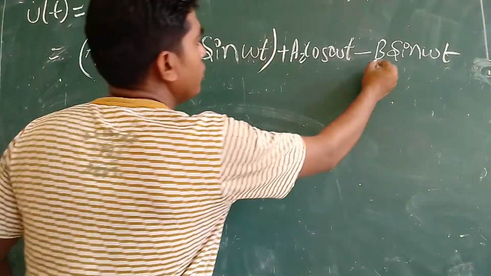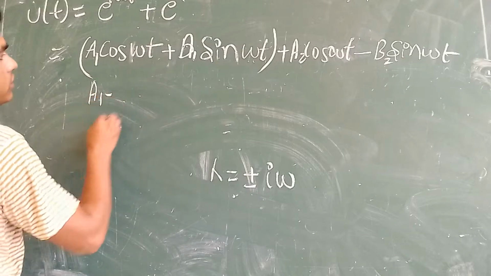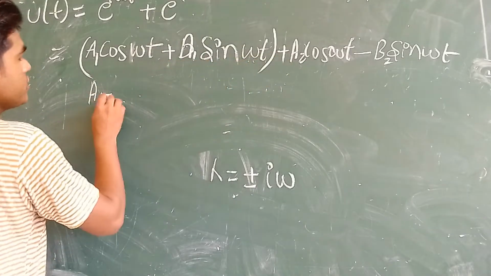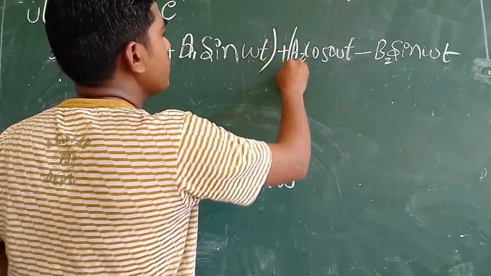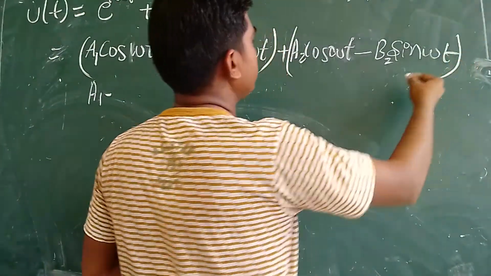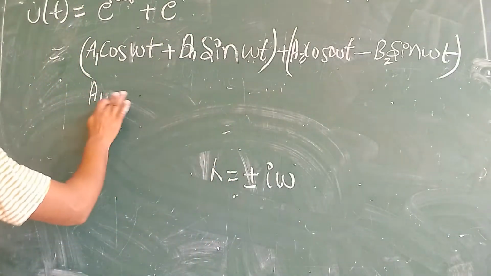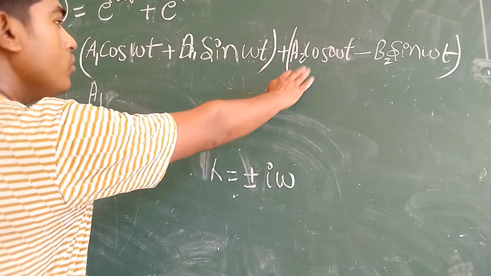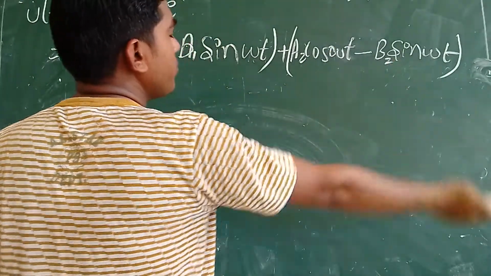Taking the common part, this gives a1 plus a2 cos omega t plus b1 minus b2 sin omega t.